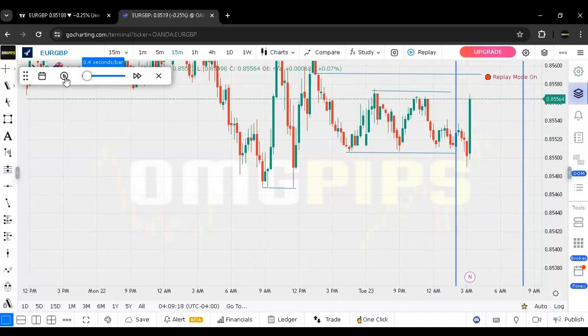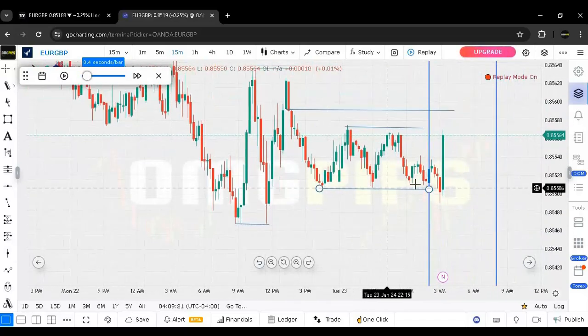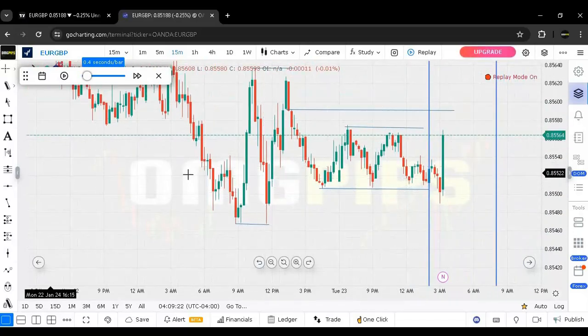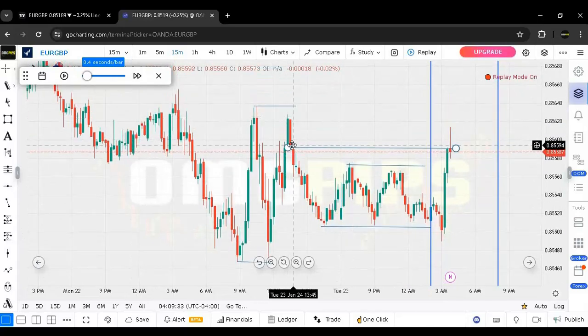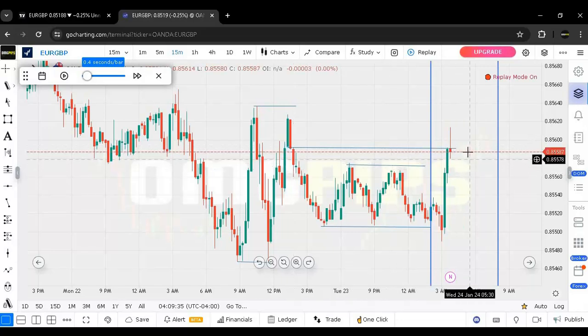All right, so you can see it has started going higher, and then boom, we mitigated this order block in here. And then now I expect it to move to the downside.